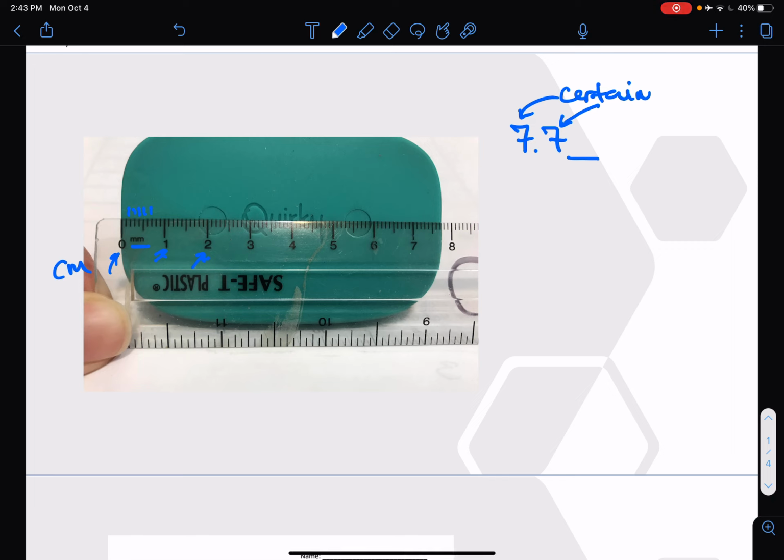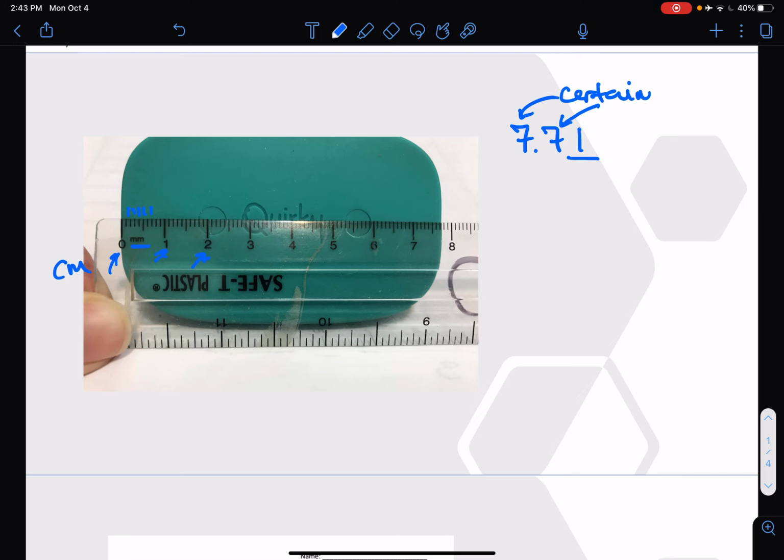Now, some people might say, oh, well, that looks exactly on 7.70 to me. So some people will guess that. And some people will look at it and say, no, that looks like 7.71 to me. And some other people will look at it and say, nope, that looks like 7.72.